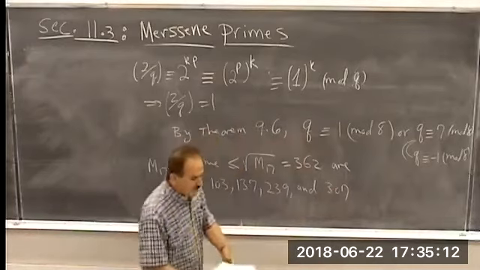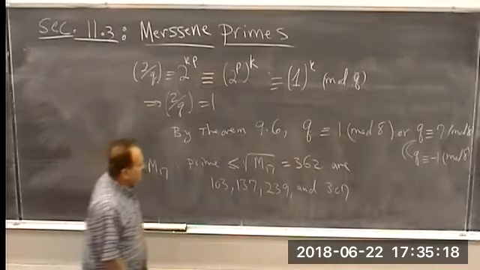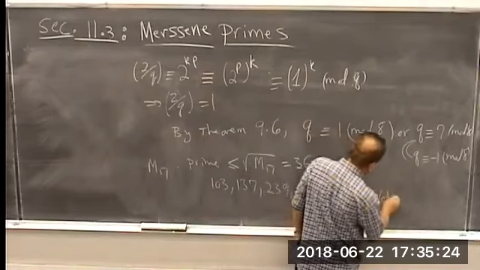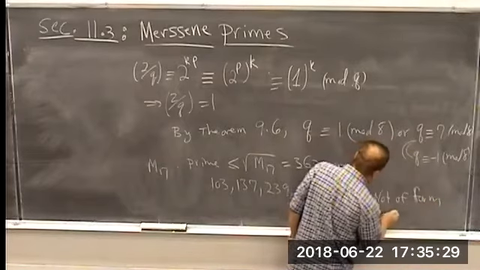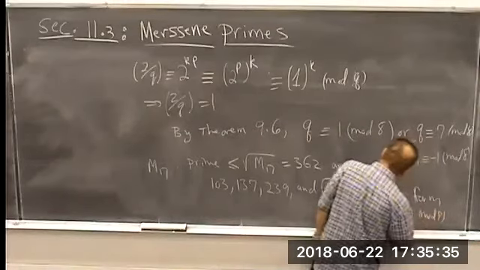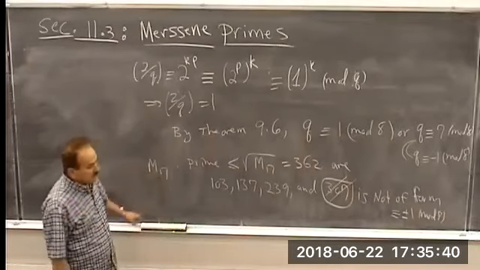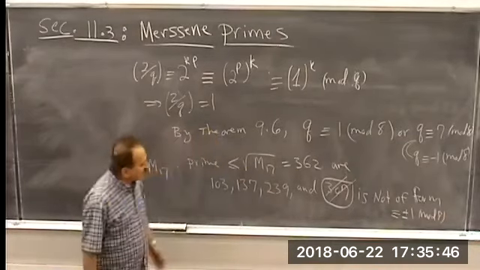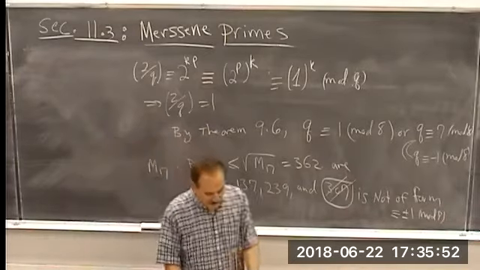We check each one of these and find that none of these divides M17. This number is not of the form congruent to plus or minus 1 mod 8. So we can eliminate this. As I said, for larger Mersenne numbers, we might actually have more than one prime to be considered, okay? But here only one.